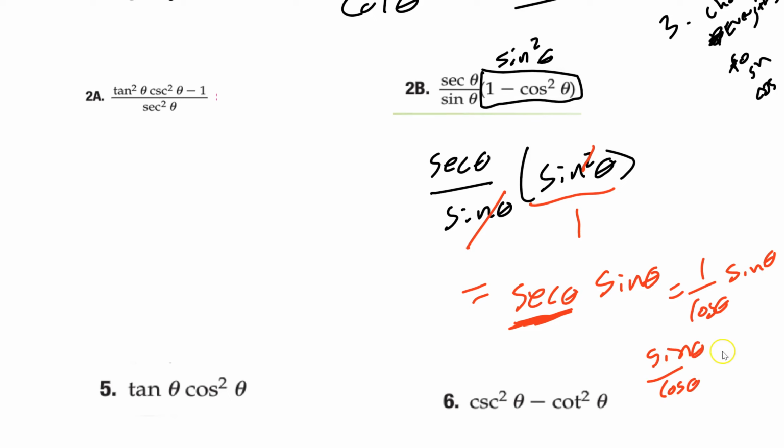Remember, sine over cosine equals tan. So it's just using identities to break your way out. That 1 minus cosine squared equals sine squared. So now you have sine squared times secant over sine. The sines cancel. Then you have secant sine, which is 1 over cosine times sine. Sine over cosine is tan.